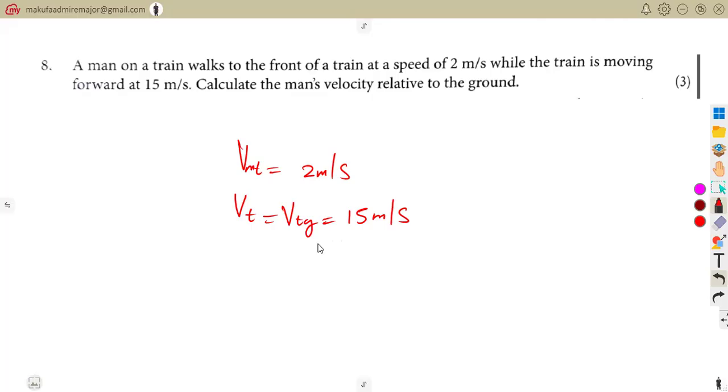Why is it positive 15? While the train is moving forward, the keyword that I highlighted was forward.